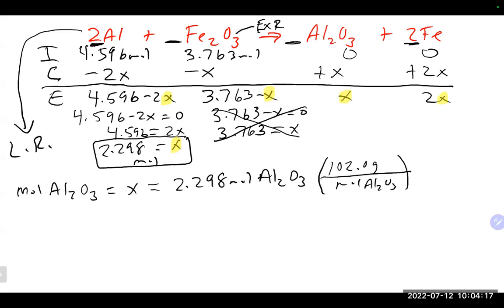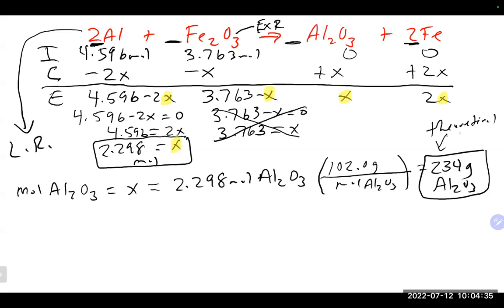And if we multiply that by 2.298, that gets us about 234 grams of aluminum oxide that would be produced. That would be our theoretical yield in this case. That is the maximum yield that we should get. First off, any questions on any of that?